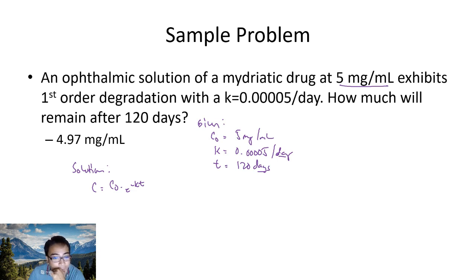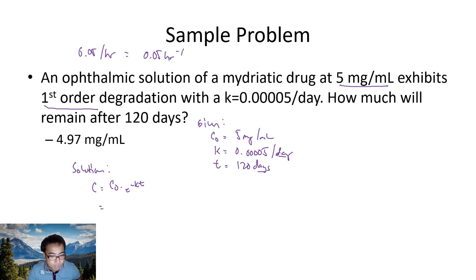Now class, just so you know, the elimination rate constant for a first order process will always be a number per time, here per day. For example, 0.05 per hour, or we can write it as 0.05 hour negative 1. It's just the same.